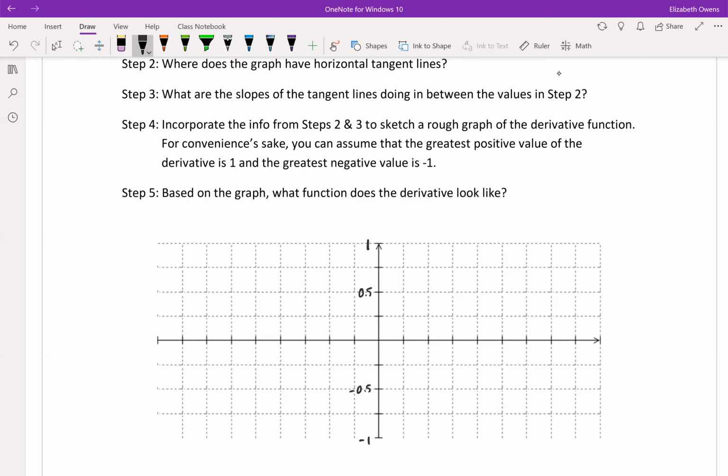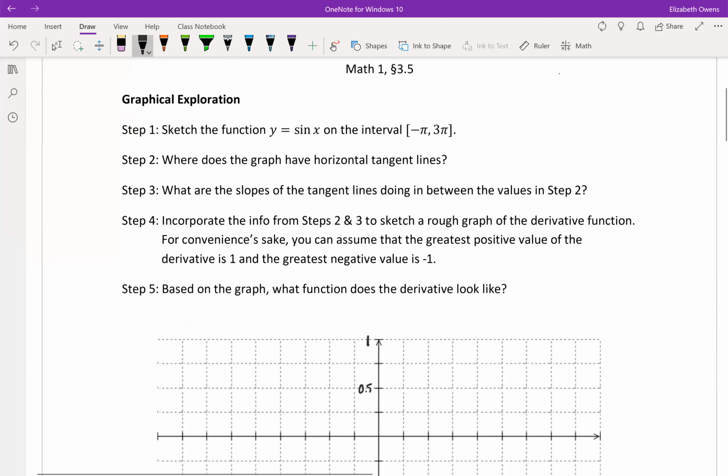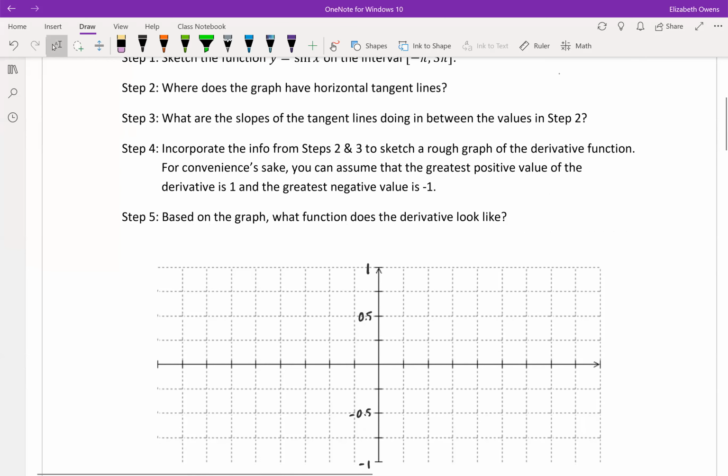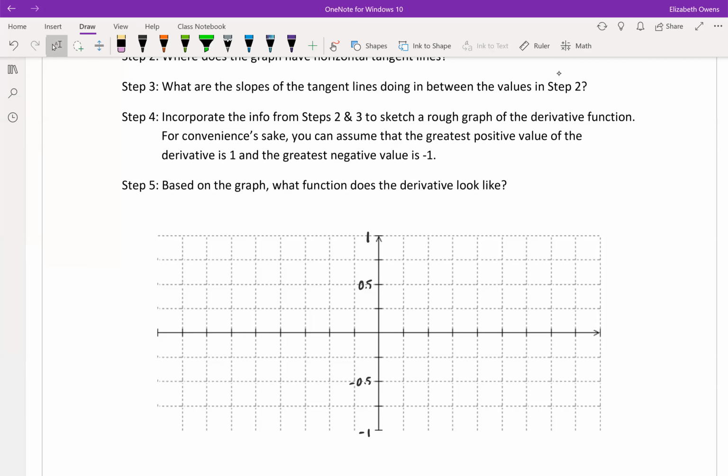Let's mark off some markings along our x-axis. We want to make sure we include the interval from negative pi to 3 pi. I'm going to go with just, that's pi, 2 pi, 3 pi there, and then there's negative pi there.